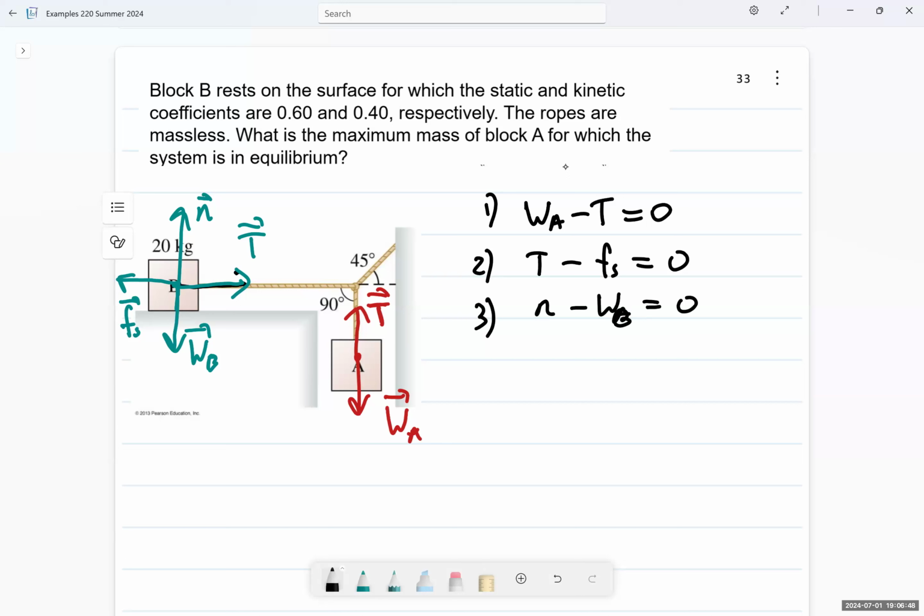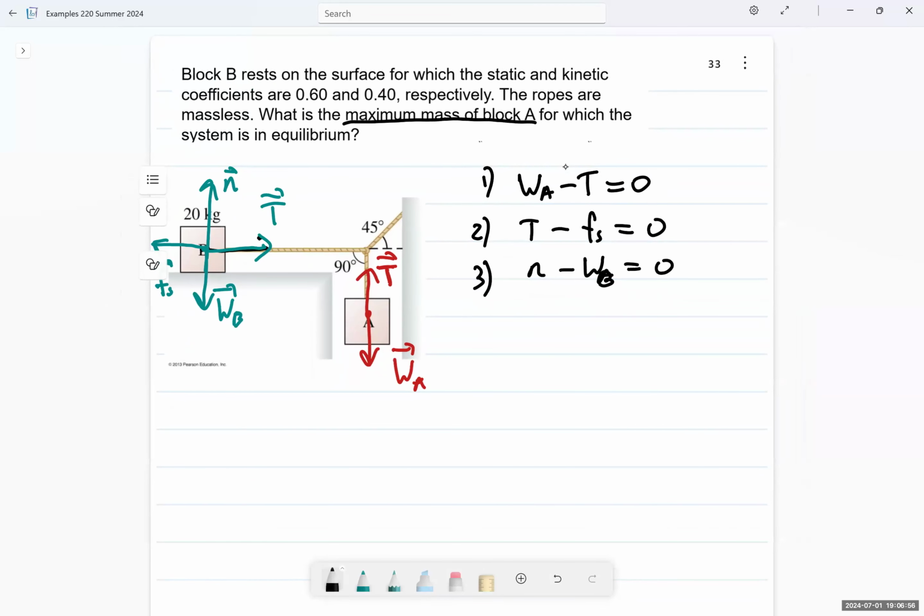So we have 3 equations. And remember, our goal here is to find the maximum mass of block A. From these 3 equations, we can modify. Equation 1 tells us that the weight of A is equal to the tension. Equation 2 tells us that tension is equal to the static friction force. But we know that static friction force is the coefficient of static friction times normal force.